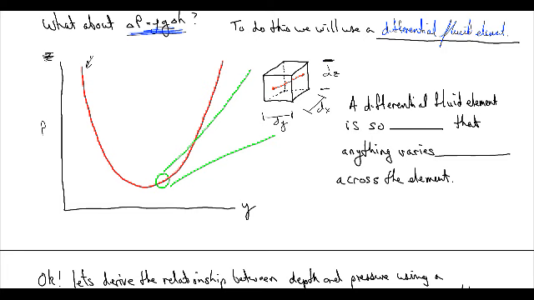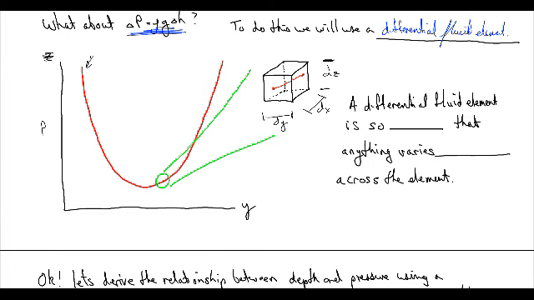So let's do this fill in the blank. What are those things called where you can just pick words and plug them in? I can't remember. I haven't had enough sleep. But try to fill in these blanks here. A differential fluid element is so blank that anything varies blank across the element.